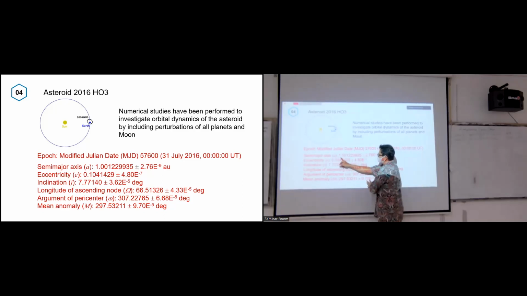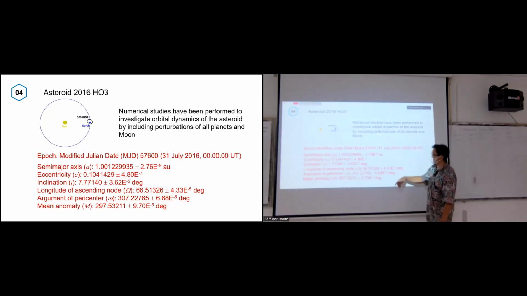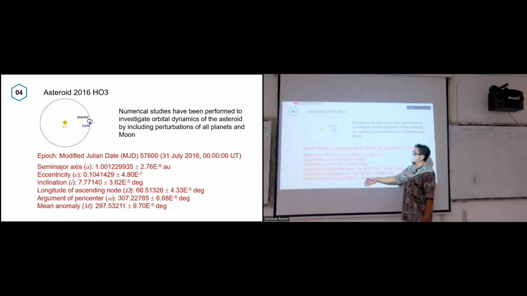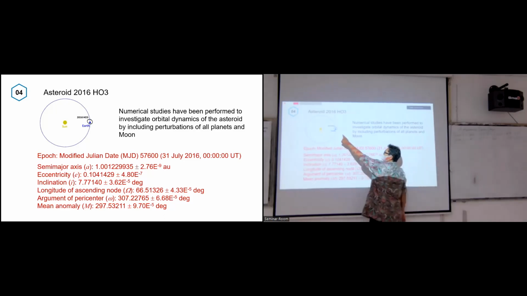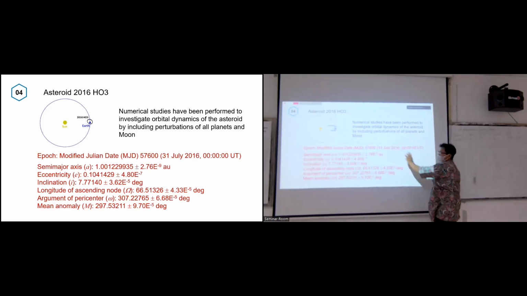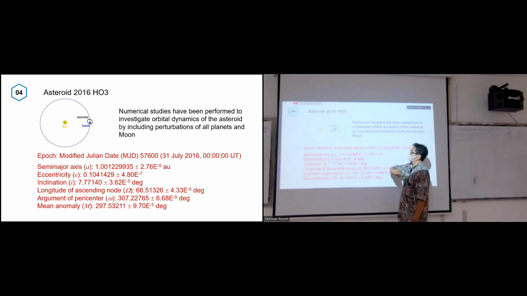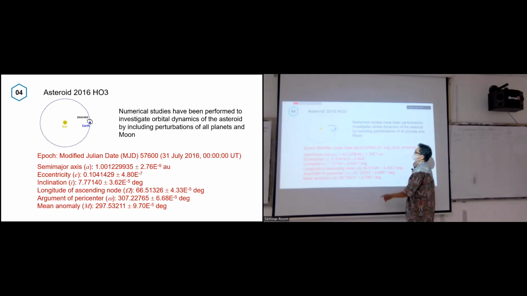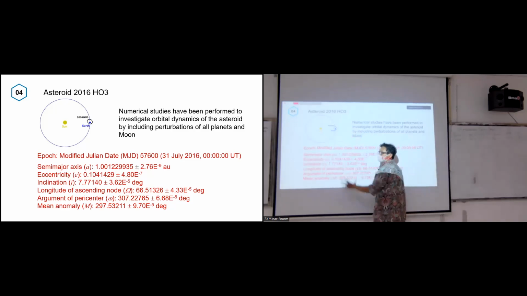Semi-major axis, 1 point something AU, eccentricity, inclination, and so on. 6 orbital elements. Also for the Earth, for the Sun, and other planets, and the Moon. So we have 8 planets, 1 Moon, 9, the Sun itself, 10, and the asteroid, 11 objects.